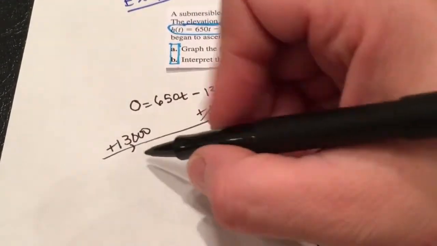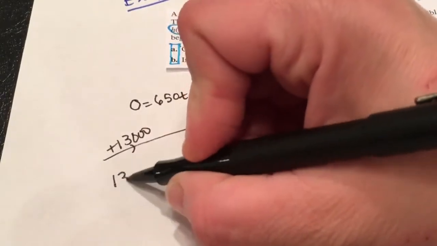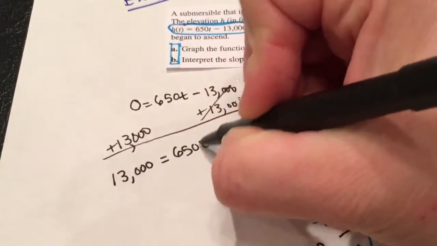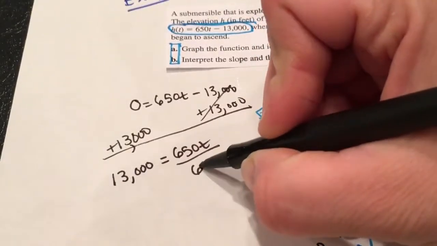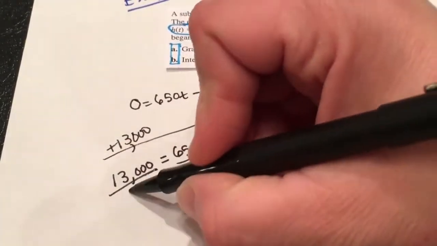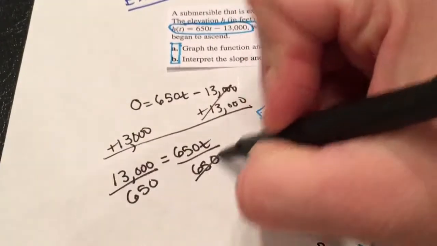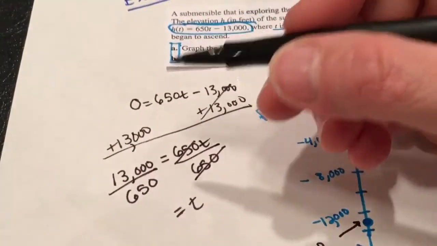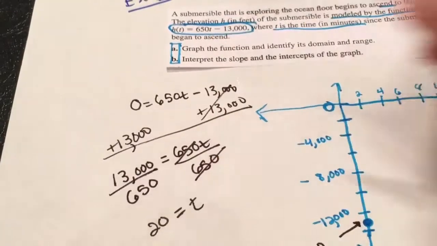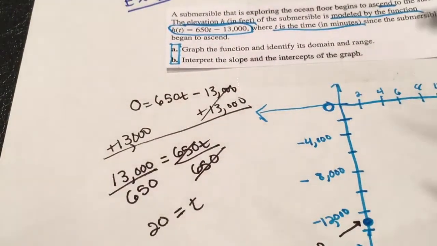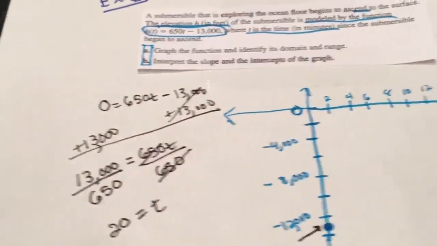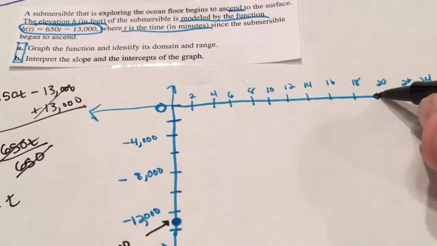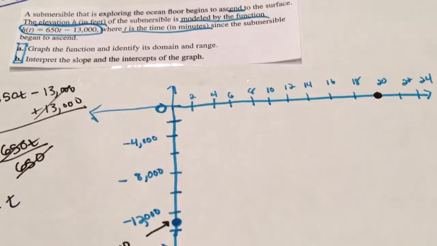That leaves me with 13,000 equals 650t. Divide both sides by 650 or multiply by the reciprocal. That leaves you with t equals 20. So my x-intercept is 20. That's what that means.